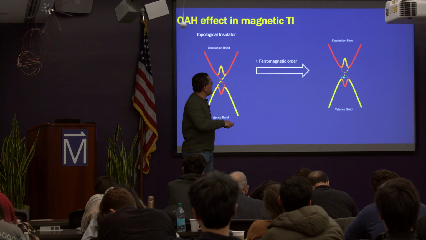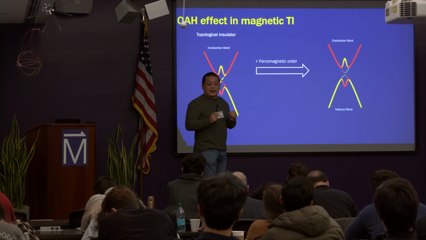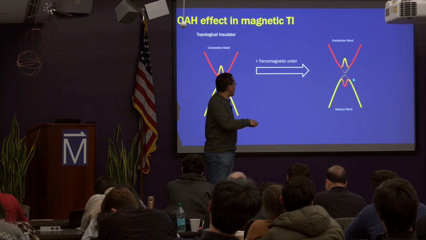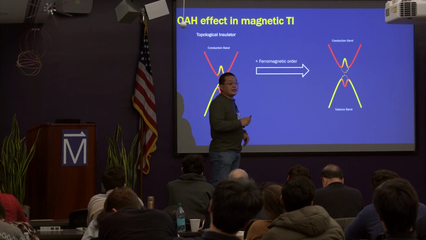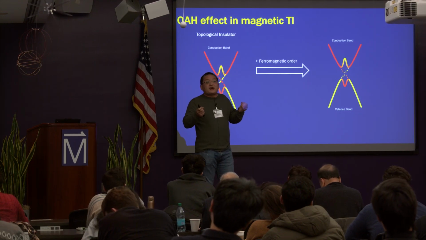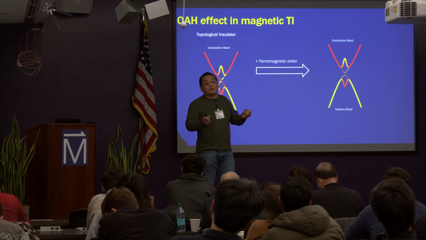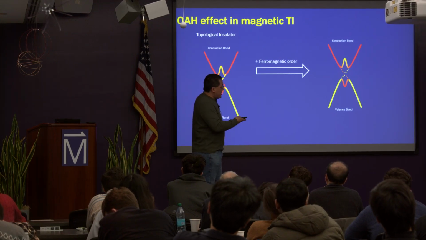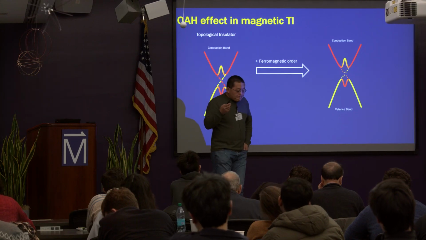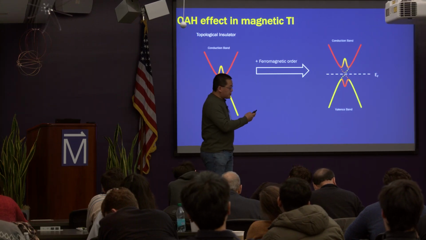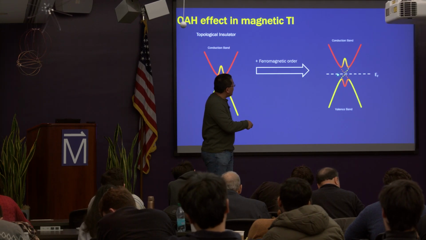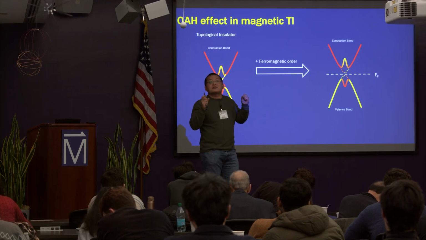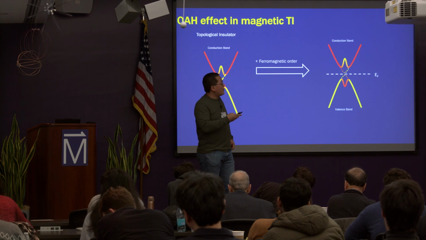We usually call this small gap the magnetic exchange gap, a gap within the bulk gap. The bulk gap is here, and this is the magnetic exchange gap. The magnetic exchange gap is usually really small, on the order of 1 or 2 millielectronvolts. Based on this theory, if we could tune the chemical potential into this really small magnetic exchange gap, we may realize the quantum anomalous Hall insulator.